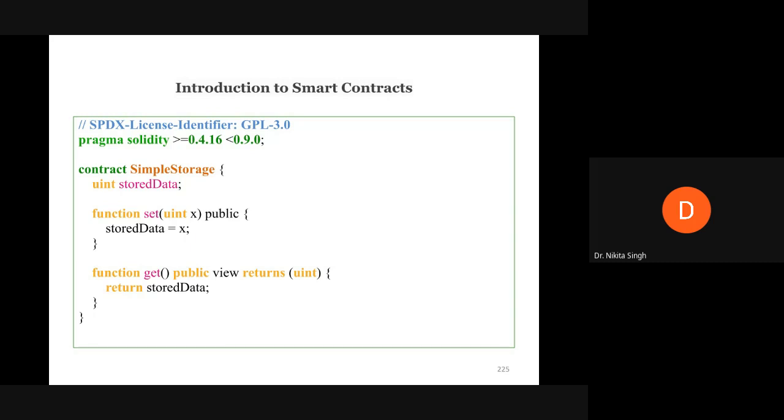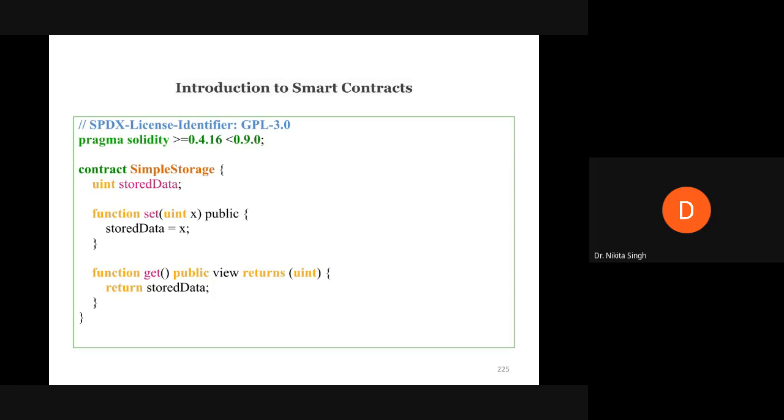That is, anyone could call the set function again and set a different value and overwrite your number, but the number that was previously set is still stored in the history of the blockchain. Okay. So this is a simple smart contract that lets you set a value of a variable, and it is exposing this value for other contracts to access it.